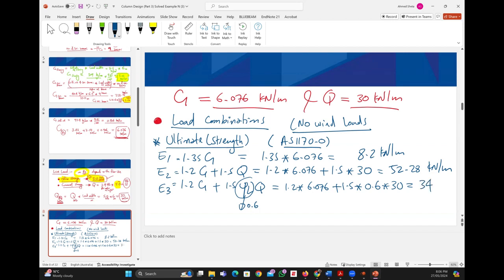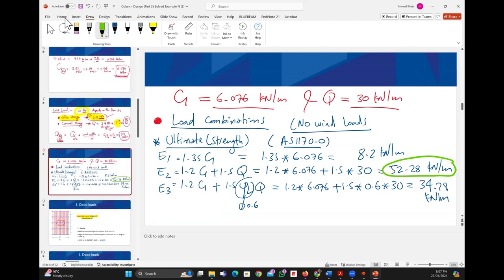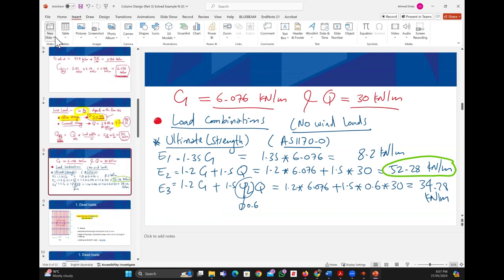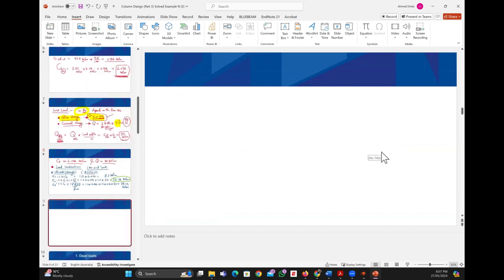So which one is the most critical one? Yeah, the second one. So this will be our load combination. Okay, so Ed will be equal to 52.28 kilonewton per meter.